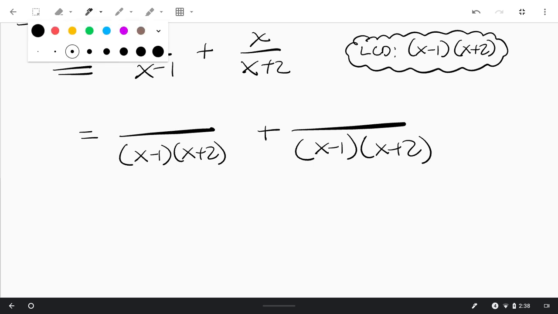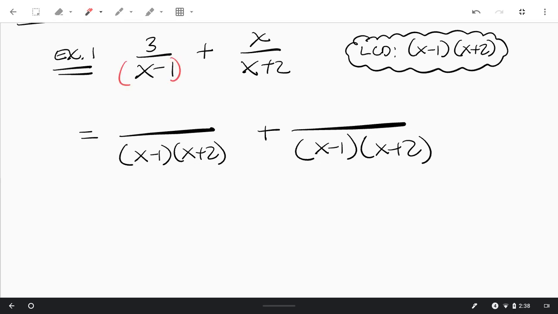Okay, so taking a look at this one over here, x minus 1, this first fraction, which has x minus 1, but we want it to look like the LCD, x minus 1, x plus 2. So we need to multiply this by x plus 2.